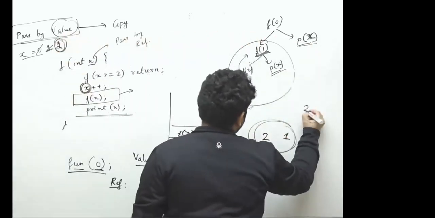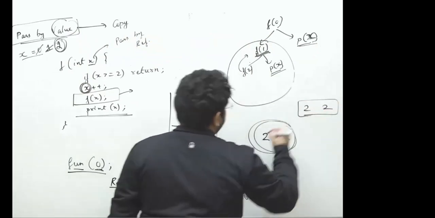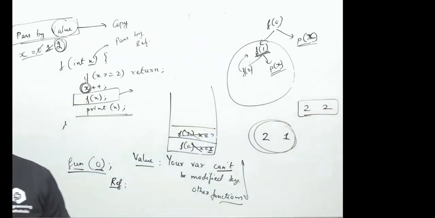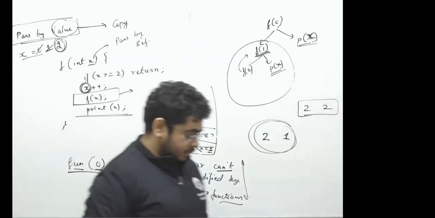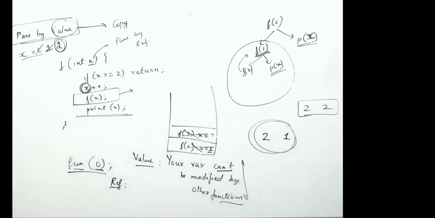So output will be 2, 2. Does this make sense? Why the answer will be 2, 2 and not 2, 1 this time? Now you can shoot your questions if you want. If you have understood this logic or not, if you want me to repeat any part of it, I'll do that.